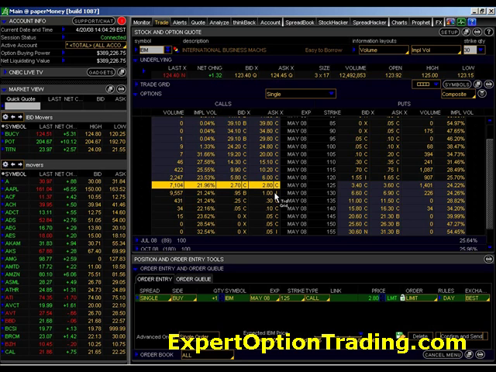You can simply look at what happens to this option if it goes $5 further in the money. All of the options on this gray bluish screen are in the money, meaning the options are trading at a strike price below the current price of the stock.